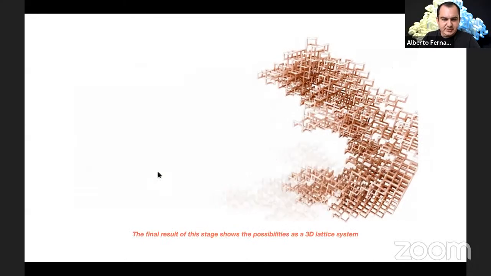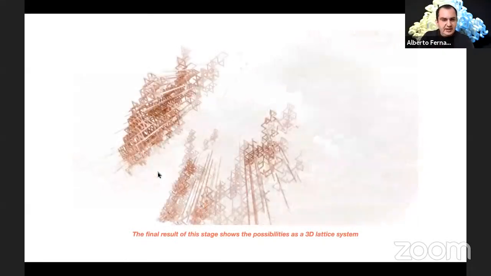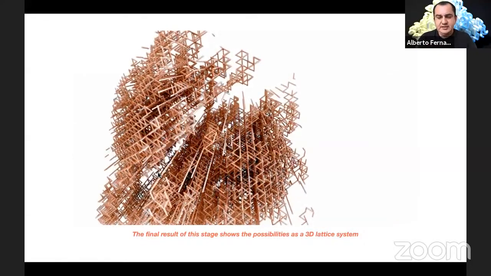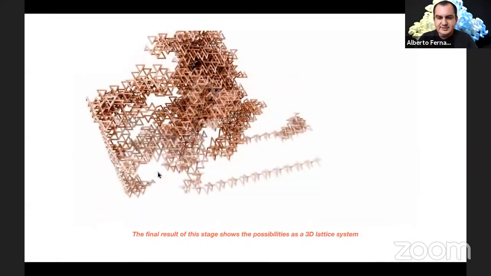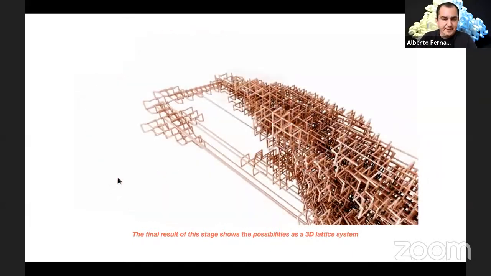This lattice structure shows the result of possibilities as a 3D lattice system. And it's really fun because at the end, just a few changes can create these completely different results. So this is an opportunity for design.